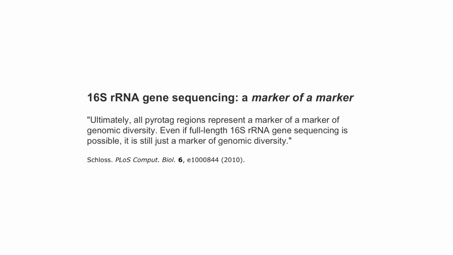So we're twice removed from what we really want to be studying, and 3 times removed because we really want to be studying what the bacteria are doing, what they're capable of doing. And so we're observing the genome as a stand-in for that, and then we're observing a piece of the genome as a stand-in for the genome, and then we're observing a piece of that gene in our actual sequencing.